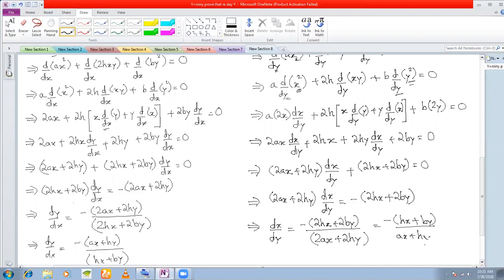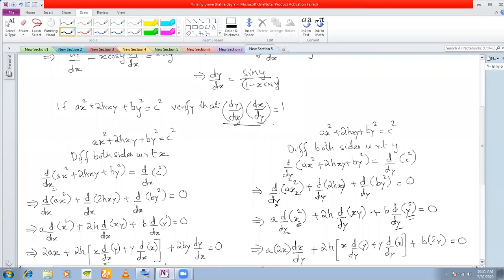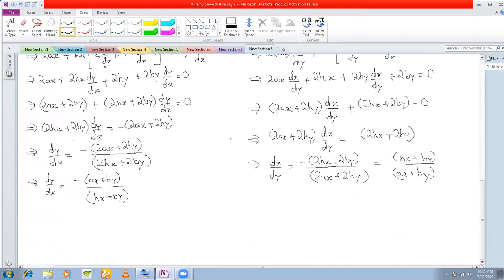Now the question here was, verify that dy/dx into dx/dy is equal to 1. So let's verify. What have we got? Left hand side, LHS, is dy/dx into dx/dy. And what have we found? dy/dx, we have found this.